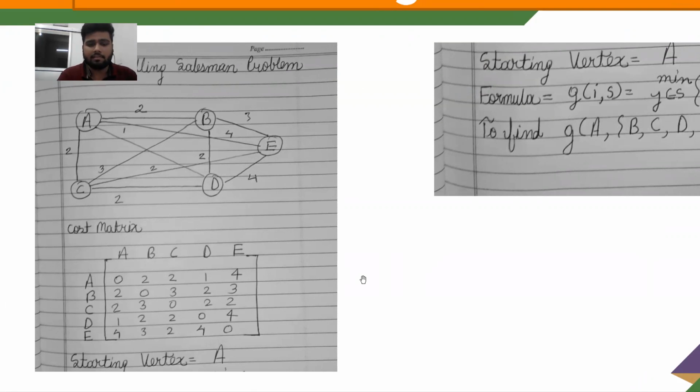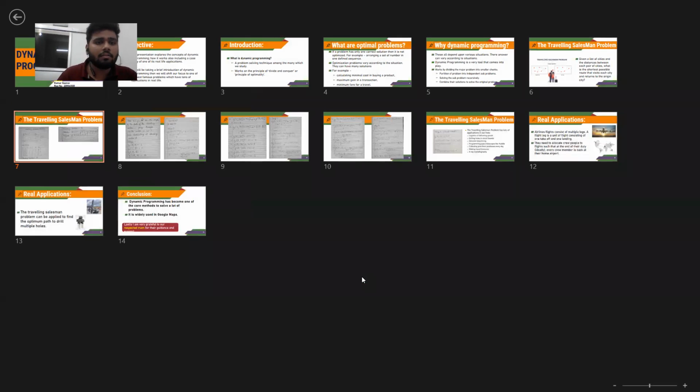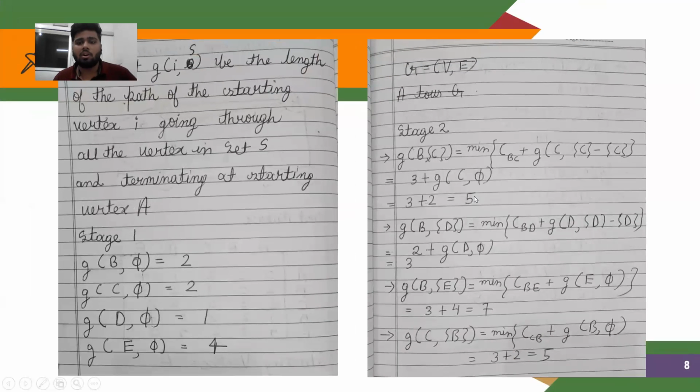So we can get it through the cost matrix, plus G of C comma 5, where this 5 has come from C minus C, because G of C comma 5. Why have I written this C? Because we can directly compare it to the formula.